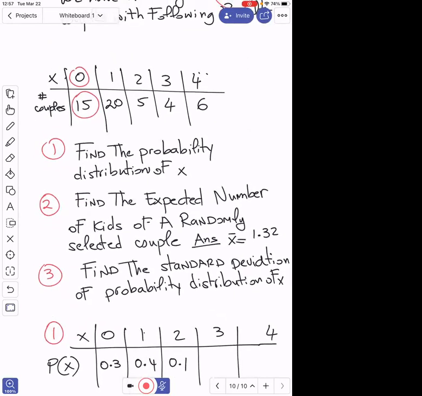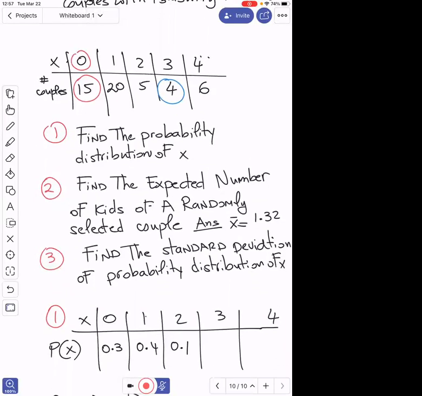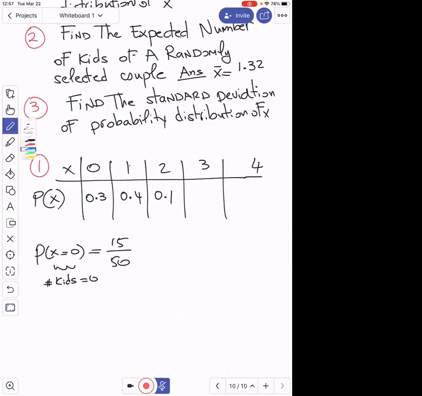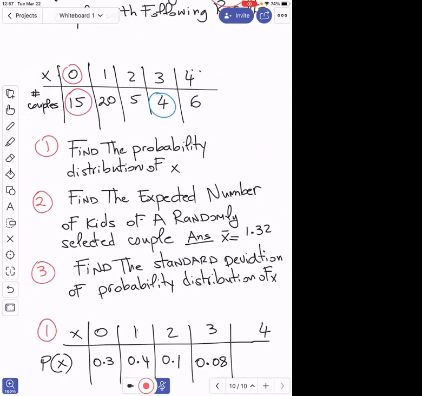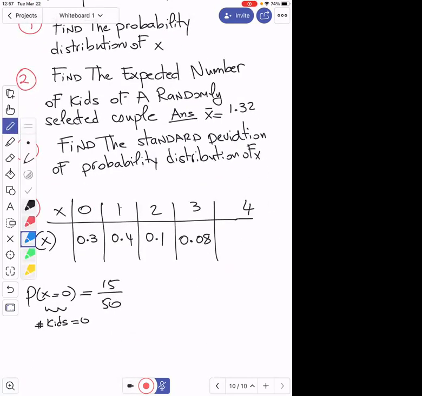So the probability that X is 3 is 4 over 50. So that'll be 0.08. And then for the probability that X is 4, the number of couples with 4 kids is 6. So that's 6 over 50, and that will be 0.12.